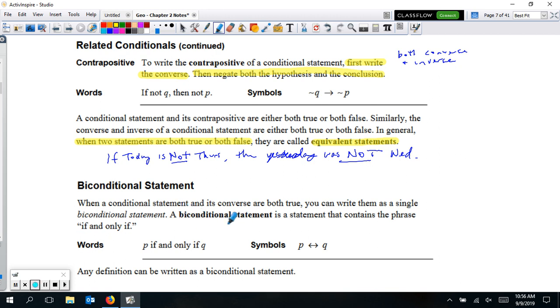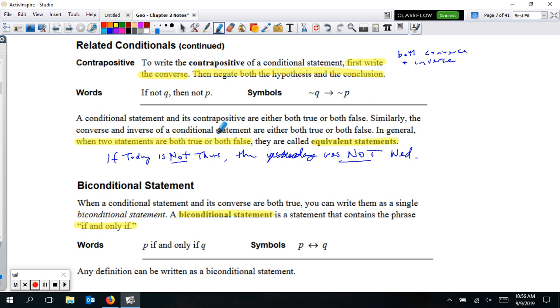So a biconditional statement is a statement that contains the phrase if and only if. A biconditional statement is always going to say if and only if. That's how you know it's called a biconditional. If it has that phrase in your statement, you know it's a biconditional statement. If and only if.